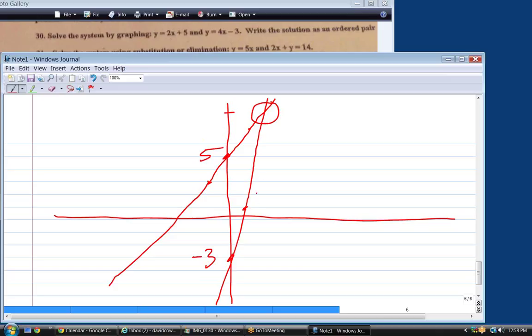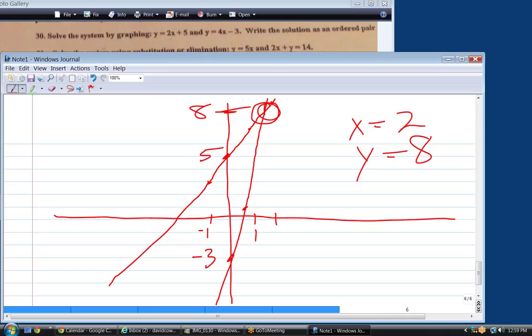And let's see, we were going to go down 2 and 1, so that's -1. That must be +1. This solution looks to be, if I had to guess, x equal 2 and y maybe 8.